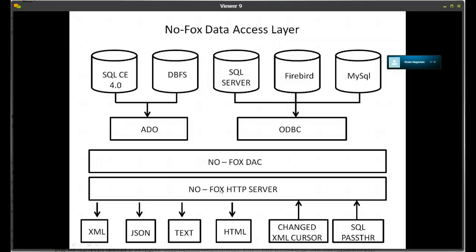Here we have the HTTP server that is able to deliver data in XML form, JSON, text, HTML, and can receive from the clients, in this case VFP, changed XML cursors or SQL pass-through instructions. This is basically for the VFP library access.